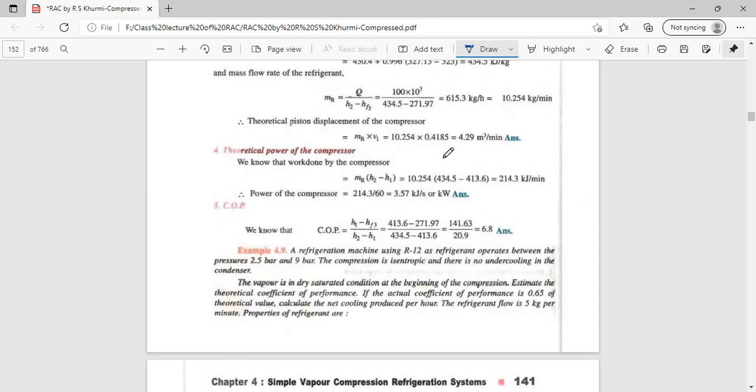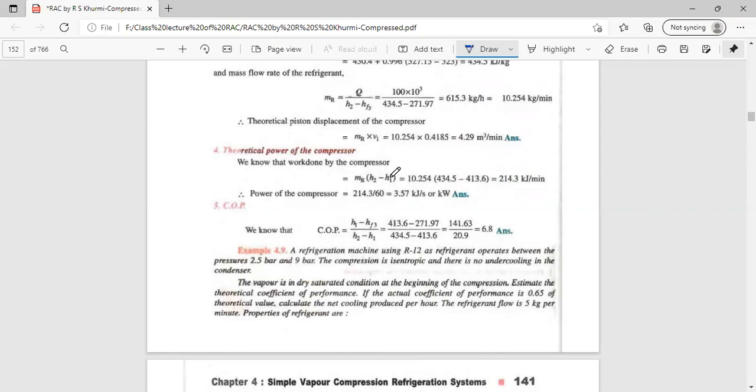Now, the work done by the compressor. So the theoretical piston displacement is 4.29 meter cube per minute. Next comes what is the theoretical power of the compressor itself. Now, the work done by the compressor is equal to the mass flow rate multiplied by the enthalpy change per kg during the compression process.